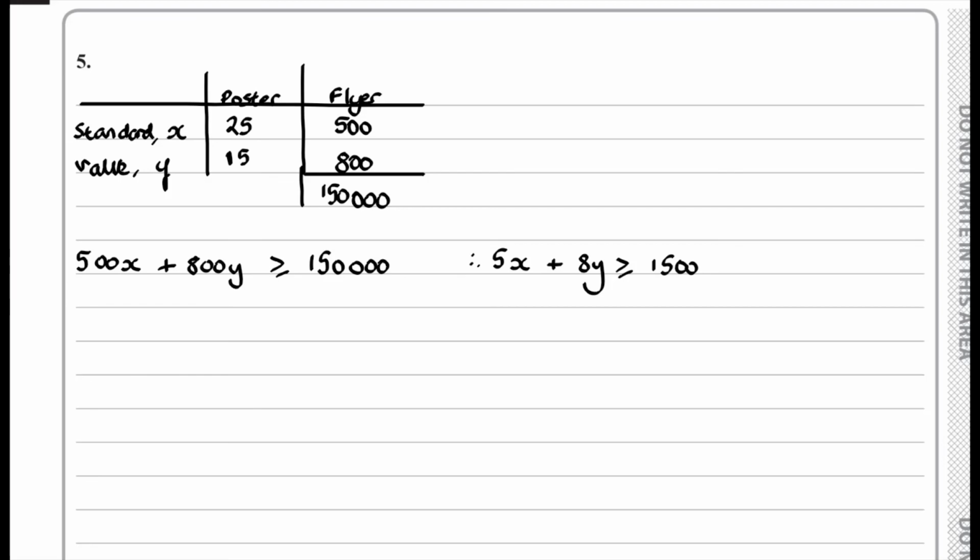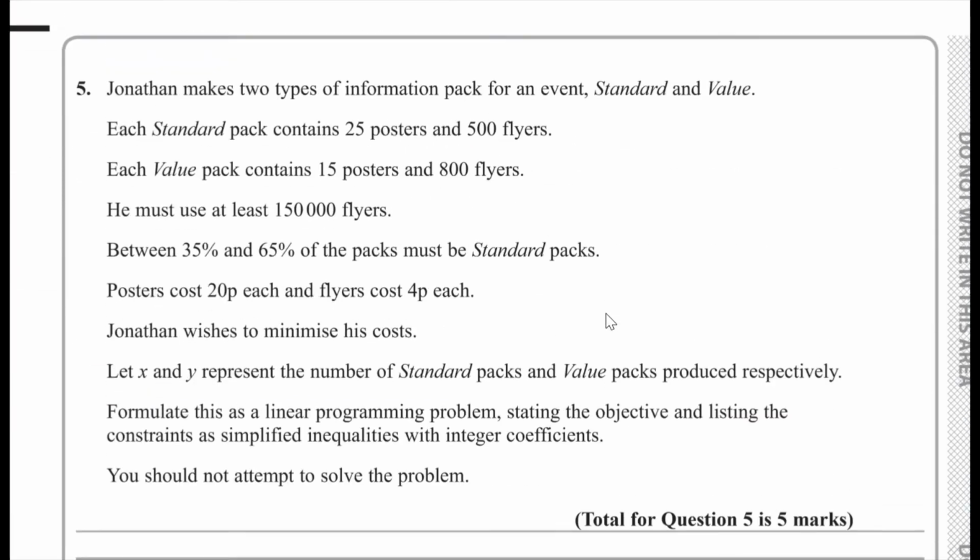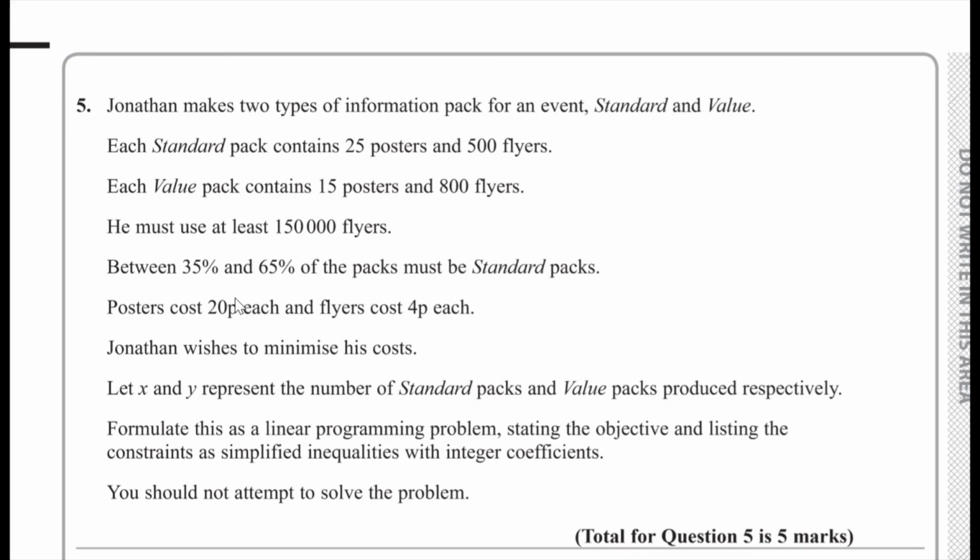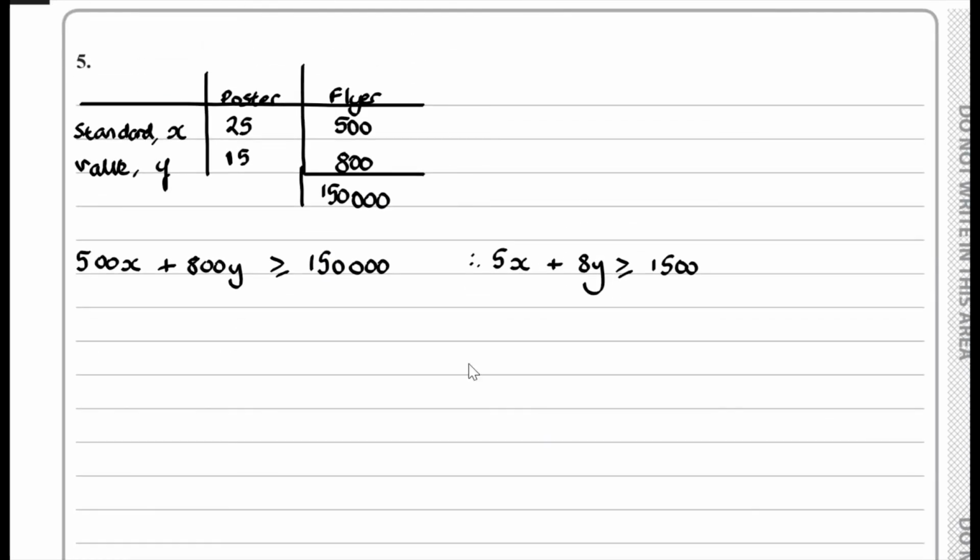And the second thing to notice is, in terms of the cost, we have posters which cost 20p each and flyers which cost 4p each. So in terms of the cost, it's 20p for a poster.